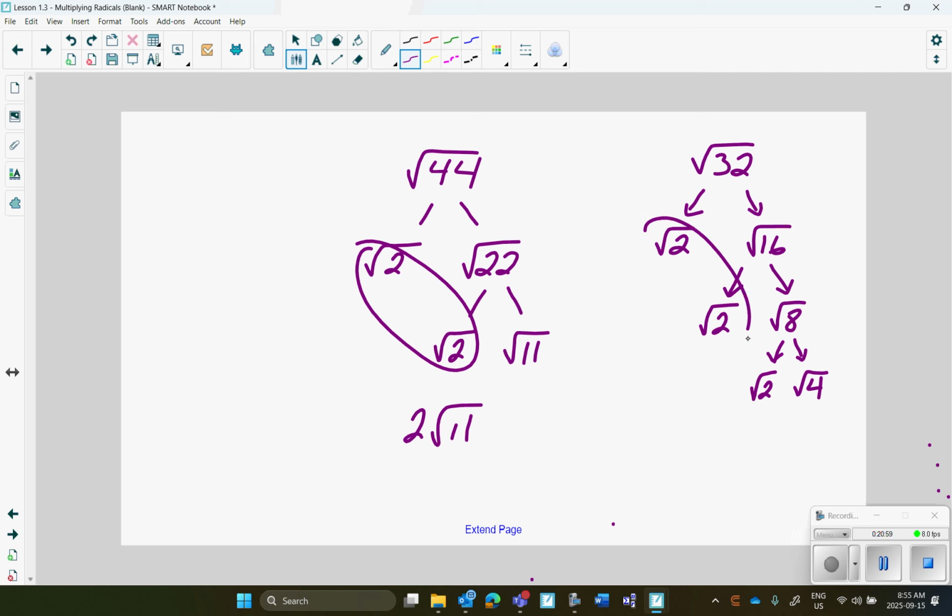Well, that's 2. That's 2. And that's root 2. So 2 times root 2 times 2 is 4 root 2. Again, it's just another way to do it if you're having trouble with highest perfect squares.